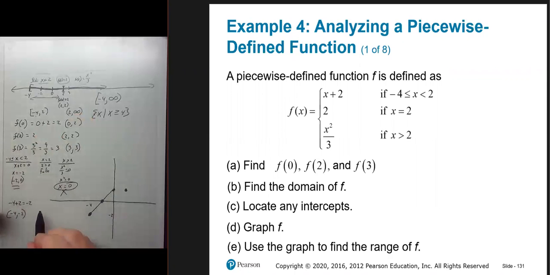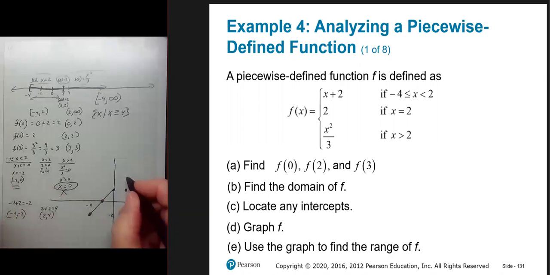So I need to look and see what happens at +2 as well. So I'm going to do 2 plus 2, which equals 4. So I wrote a 0 there. So the point (2, 4) is an endpoint, but it's not part of the graph.